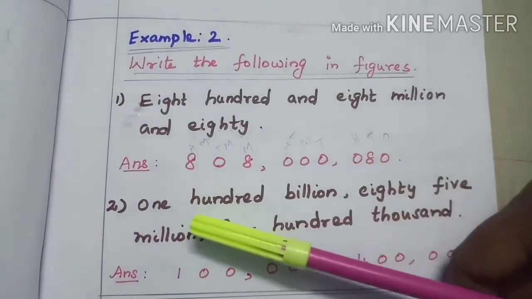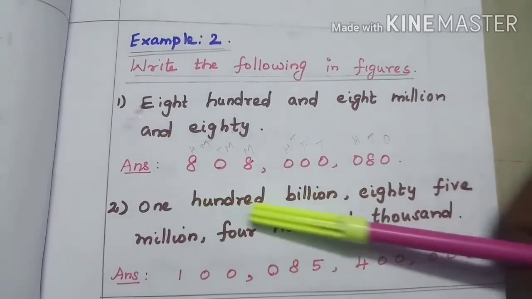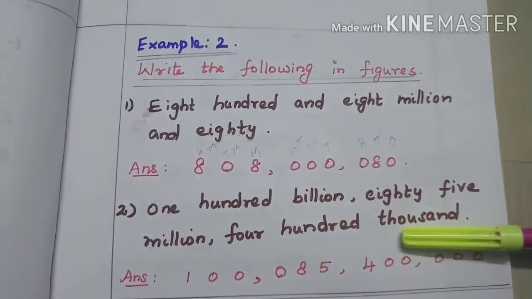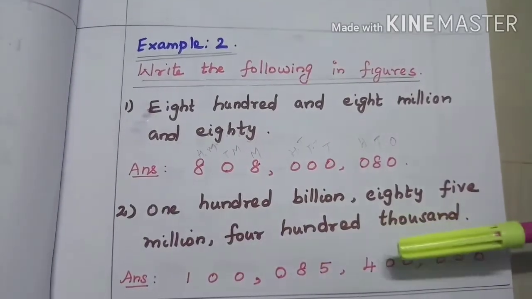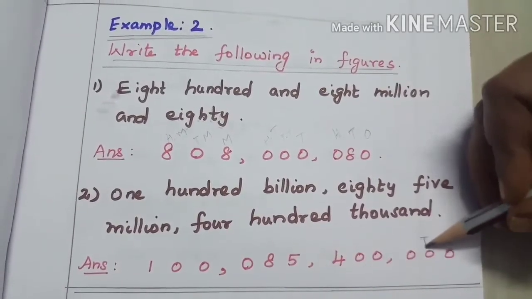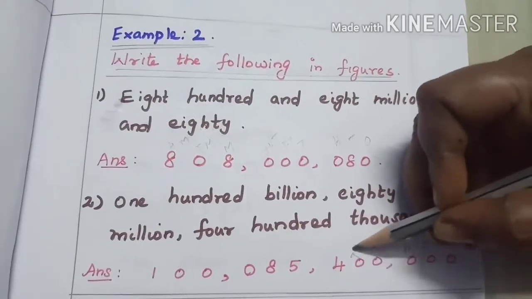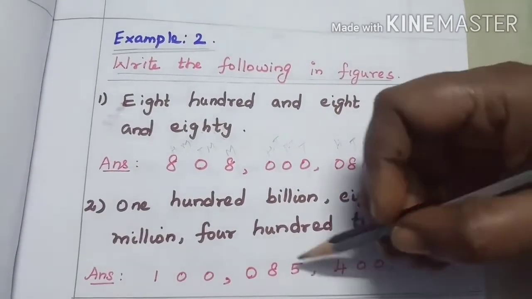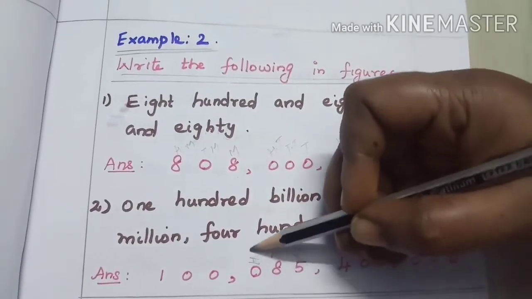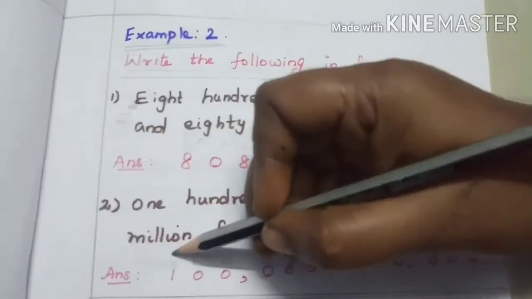Next question, 100 billion. So up to billion is given. 100 billion, 85 million, 400,000. So the periods are ones, tens, hundreds, 1,000, 10,000, 100,000 and this is million, 10 million, 100 million, billion, 10 billion, 100 billion.